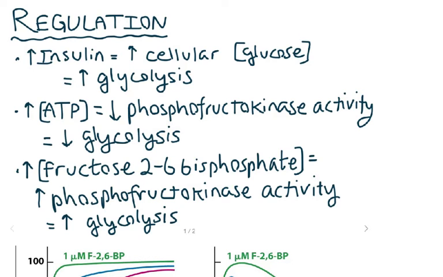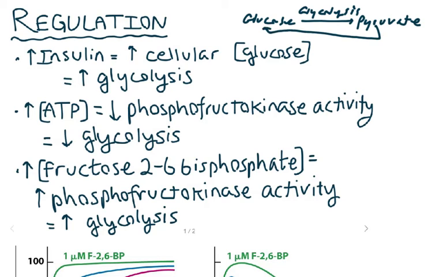So if you're looking at this, we have glucose, and we go through glycolysis to make pyruvate. And not everything is reversible in this, but we do have a different process called gluconeogenesis that makes pyruvate back into glucose.